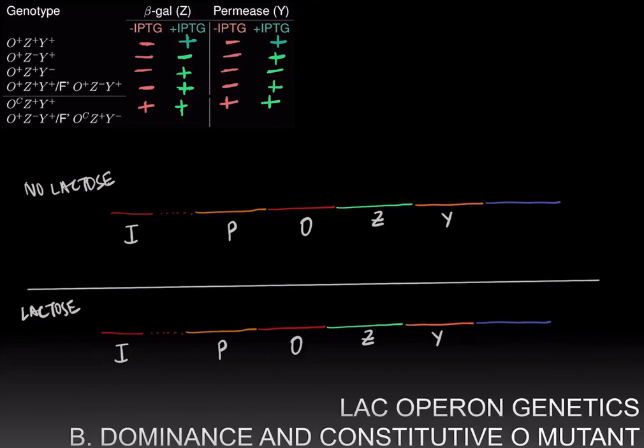In other words, beta gal and permease were expressed irrespective of the condition, or in all conditions, and this is called constitutive expression or a constitutive mutant.